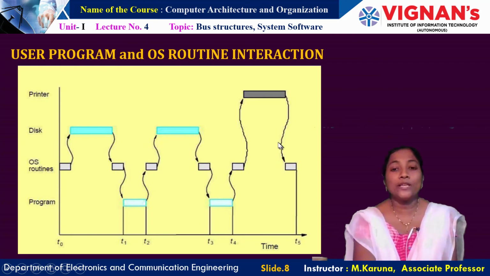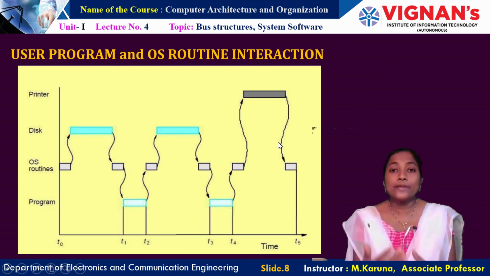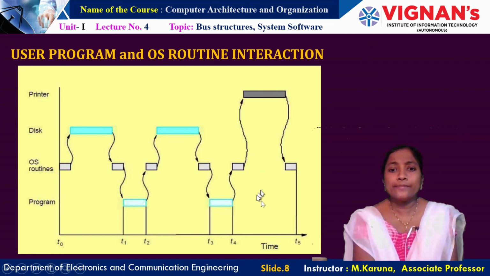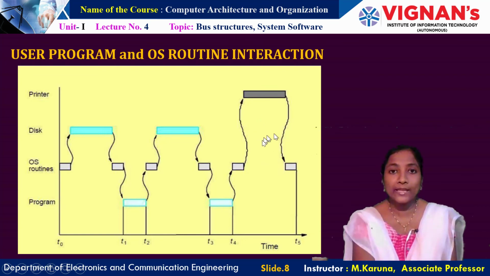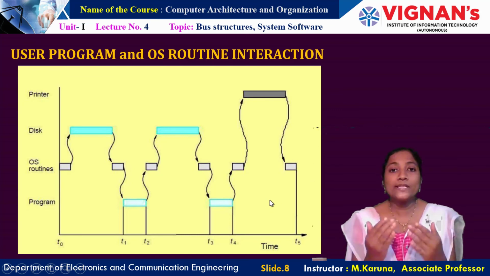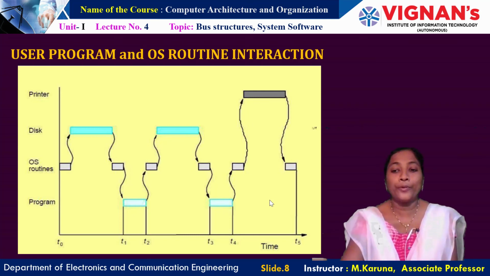In this duration, the operating system loads another application program to run. The operating system loads another application program while executing the current application program. This is nothing but multi-programming or multitasking. This is how the operating system performs the task of running the application program.